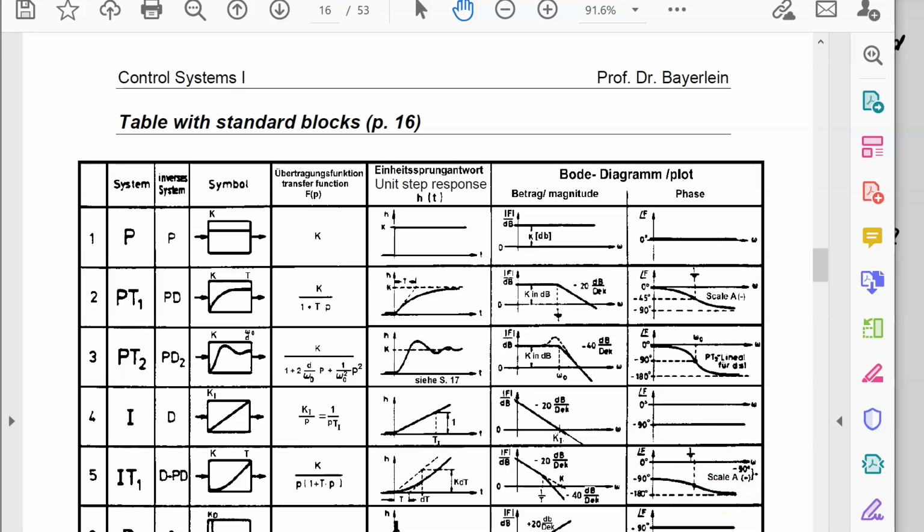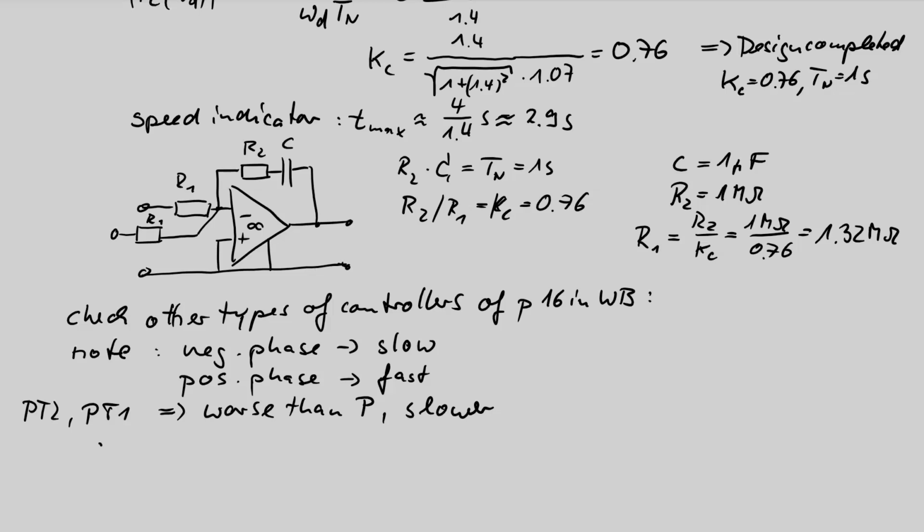So we can say IT1: best control error, but slower than I. I is slow, and IT1 is much slower, so forget it. No controller of type IT1 will ever be seen in the world.